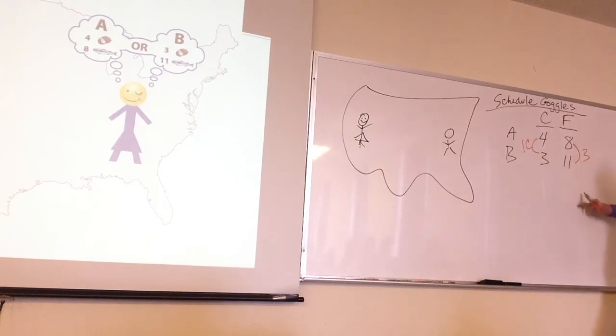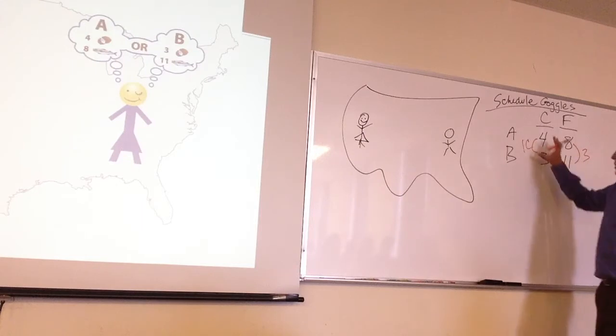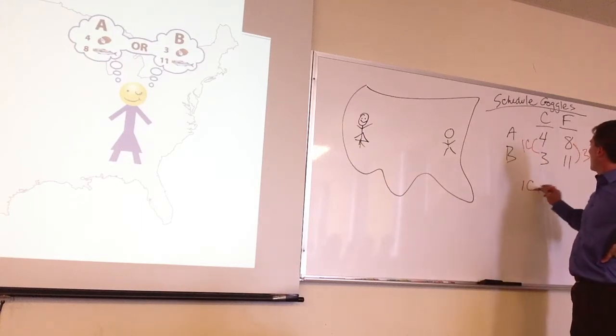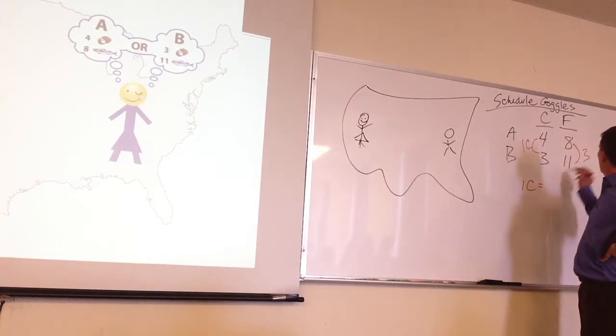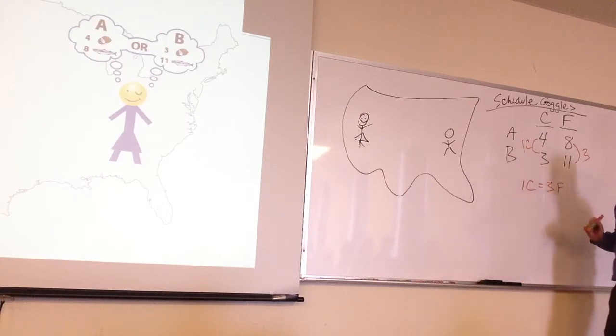So look at these trade-offs. Sometimes we'll have longer lists than this. Those are the trades that she can do internally. And so over that range, 1 coconut equals 3 fish.